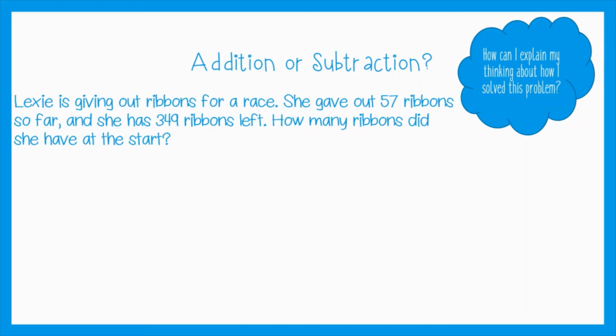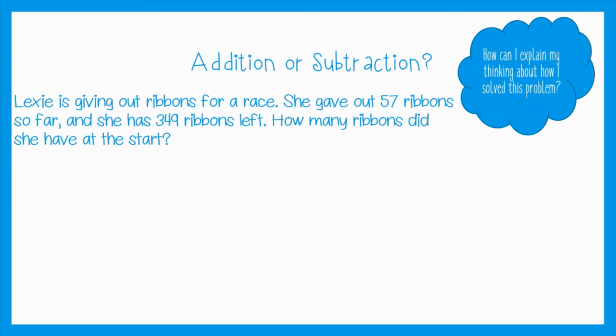You're going to have to make sure you read the problem carefully so that you understand the information that's being given. So Lexi is giving out ribbons for a race. She gave out 57 ribbons so far, and she has 349 ribbons left. How many ribbons did she have at the start?